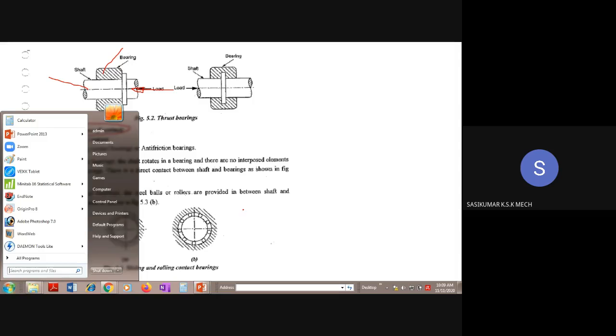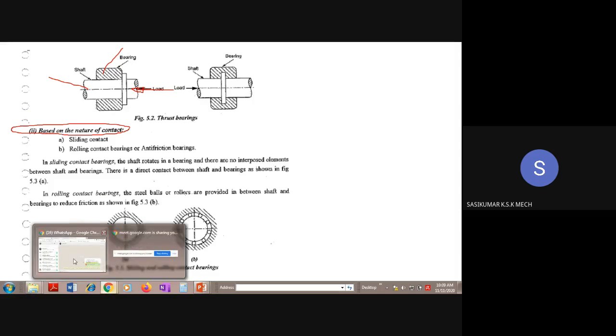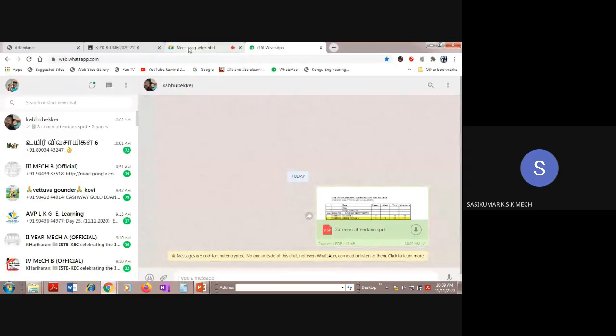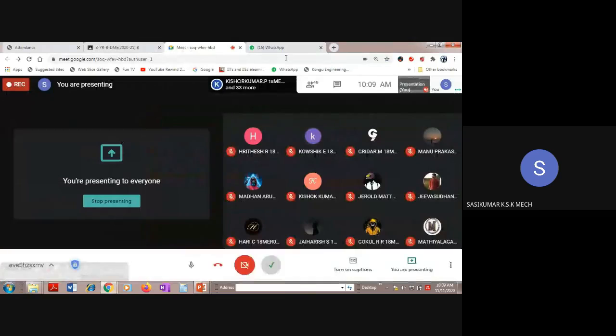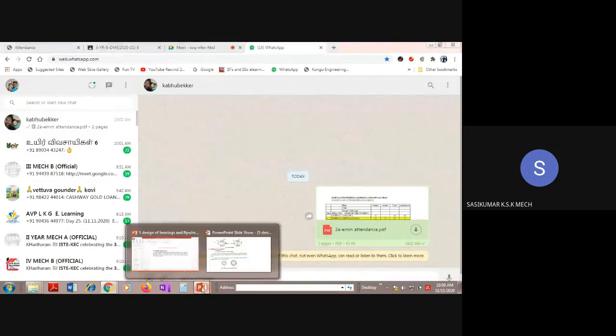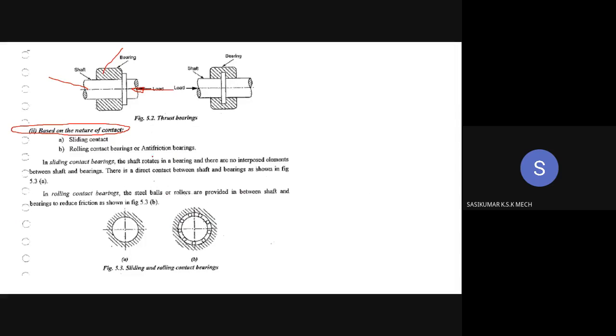So that is why these rolling bearings are called anti-friction bearings. So based on the nature of contact, it may be sliding contact or rolling contact.